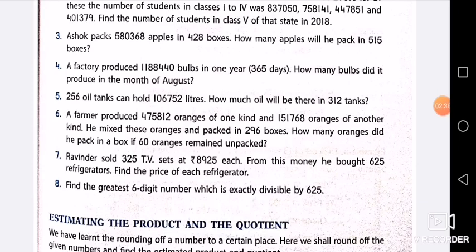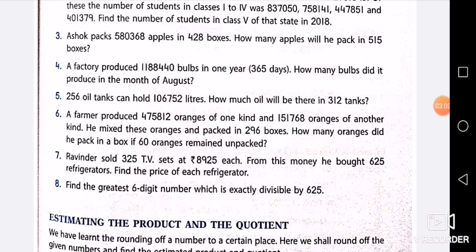Now here the number of bulbs produced in 365 days, which is 11,88,440, is given. What you have to find out is how many bulbs were produced in the month of August. In the month of August, how many days are there? Yes, correct, 31 days.